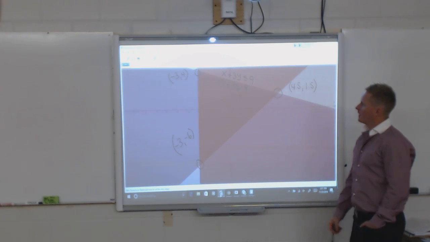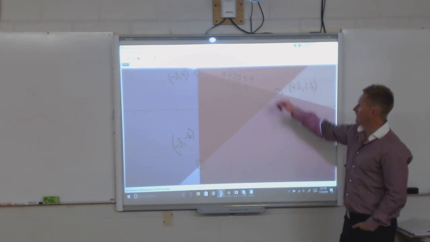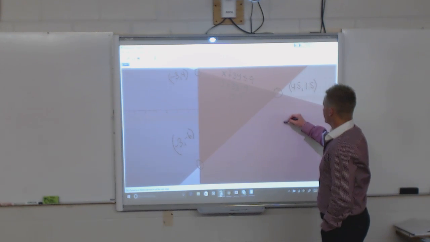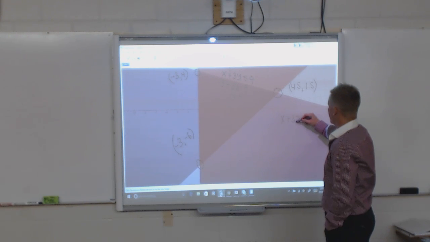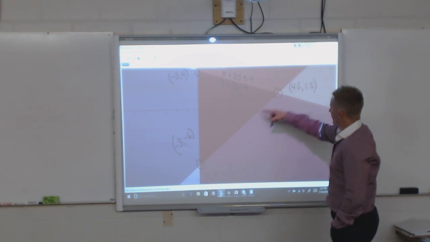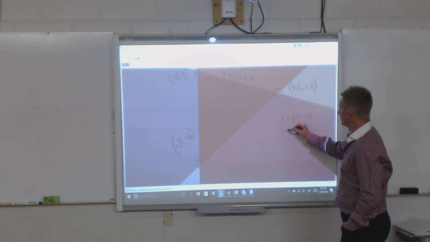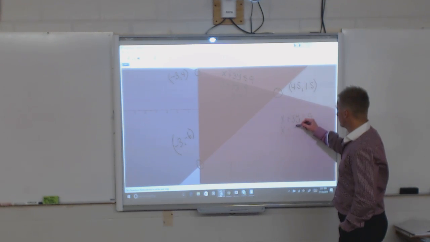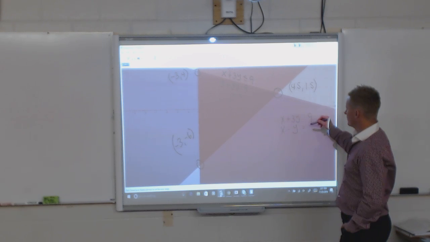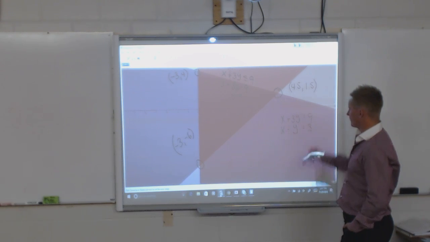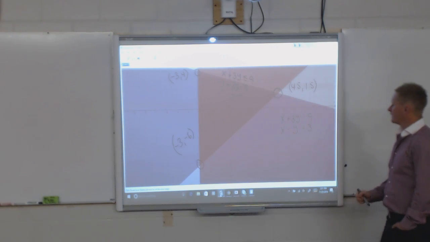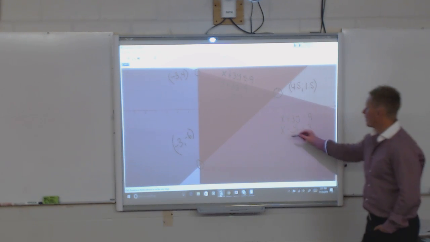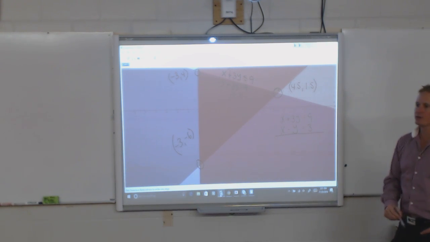When I'm trying to find out where they equal each other, I have to let the equations equal each other. This coordinate right here wasn't as easy. I have x plus 3y is equal to 9, and the other line is x minus y is equal to 3. This is how you solve without using a calculator.